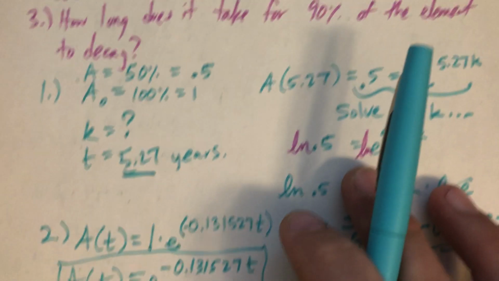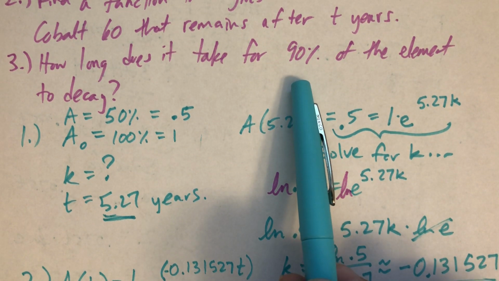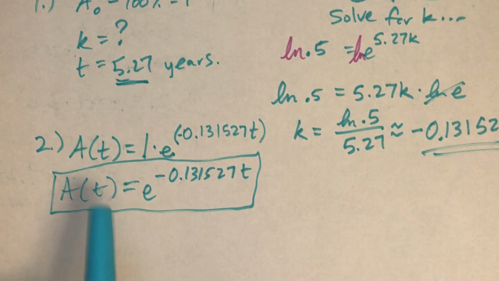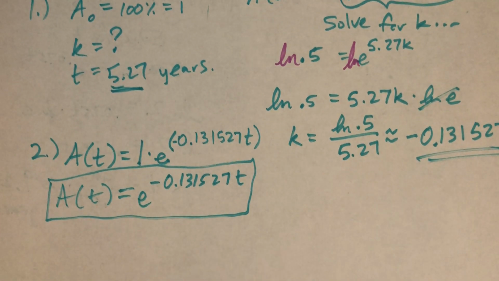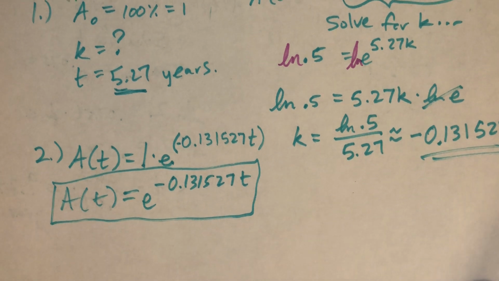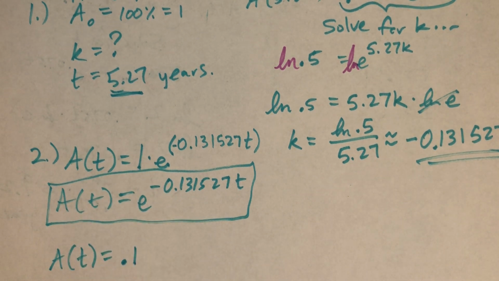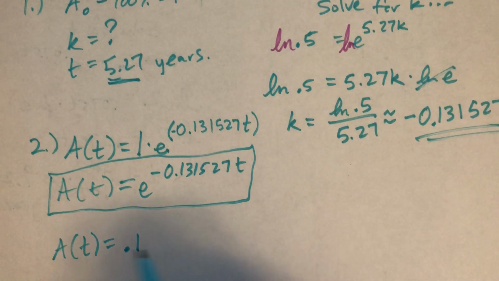So if we want 90% of it to decay, how much is going to be left? Well, that's going to be 10%, right? If 90% of it decays, 10% is left. So we want to solve A of t equal 0.1, 10%. So solve for t.